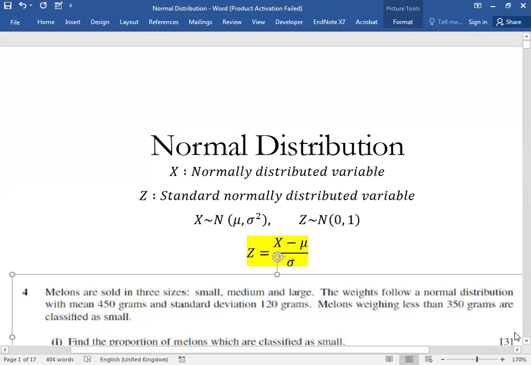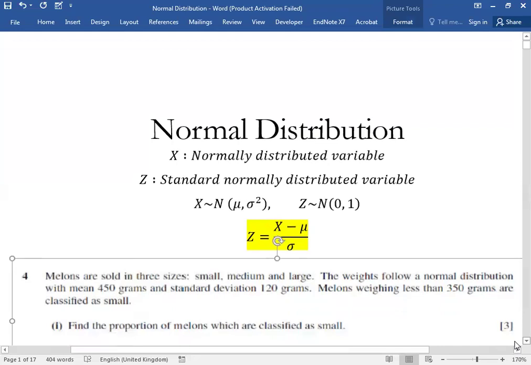Read this question first. What does the question say? Melons are sold in 3 sizes: small, medium, and large.